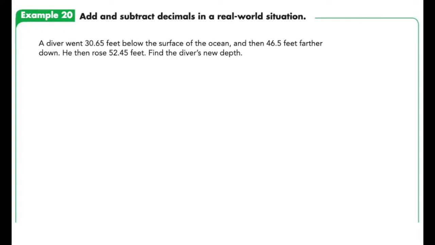For example 20, we're going to look at using decimals with addition or subtraction in a real world situation. What I'm going to again do here, just like I did in the previous examples with word problems, when we're dealing with a mixed number, I'm going to change this to a 30 and a 52 to see if I can get an idea, and we'll make this a 46.